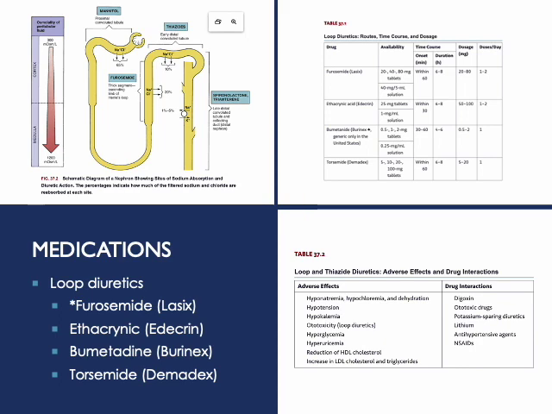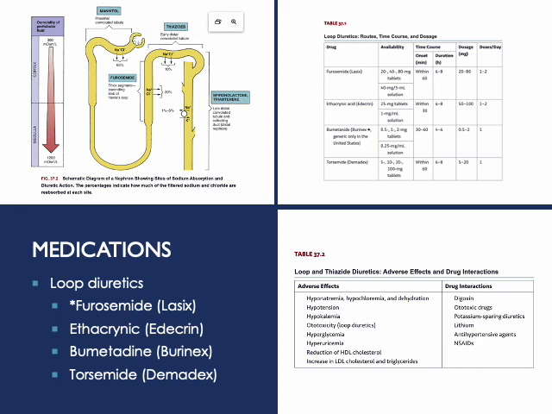They can promote hyperglycemia, hyperuricemia, a reduction in your good cholesterol, and an increase in your bad cholesterol and triglycerides. You never want to prescribe a loop or a thiazide diuretic with digoxin or any other ototoxic drugs, because we already have a higher risk for ototoxicity.